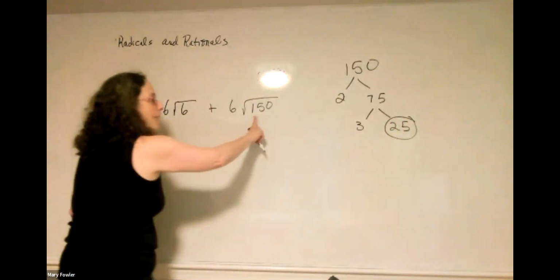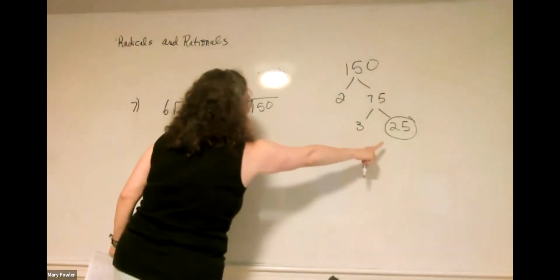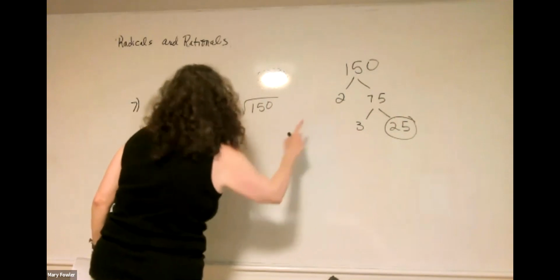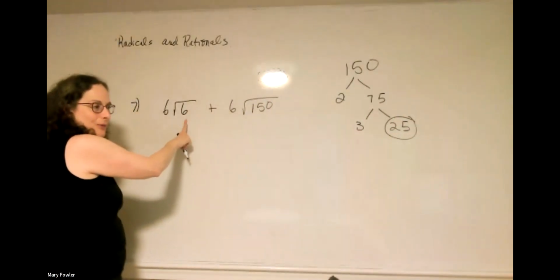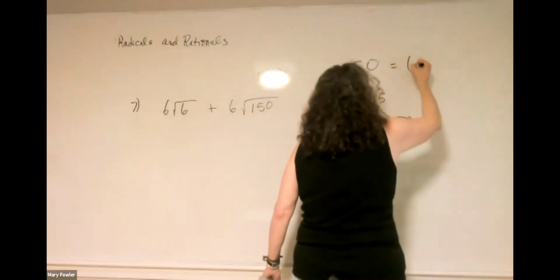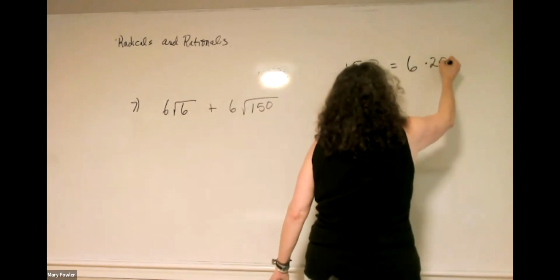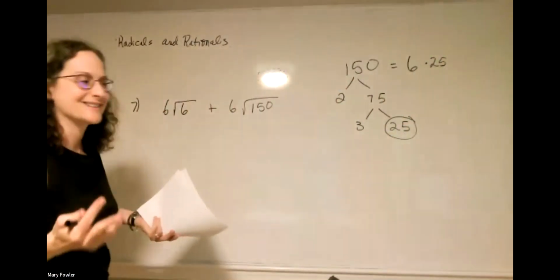So we're going to rewrite the 150 as 2 times 3 times 25. And seeing where we want to go, it's good for us to write this as 6 times 25. If you write it as 2 times 3, that's fine. It'll come together as 6 later.